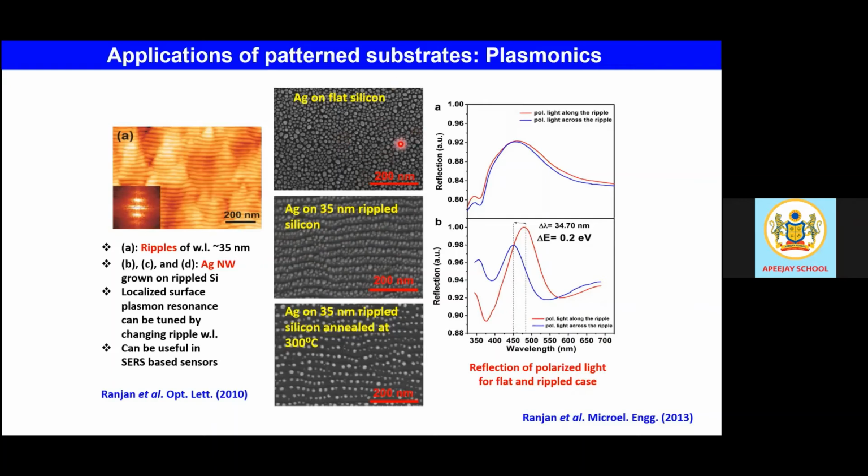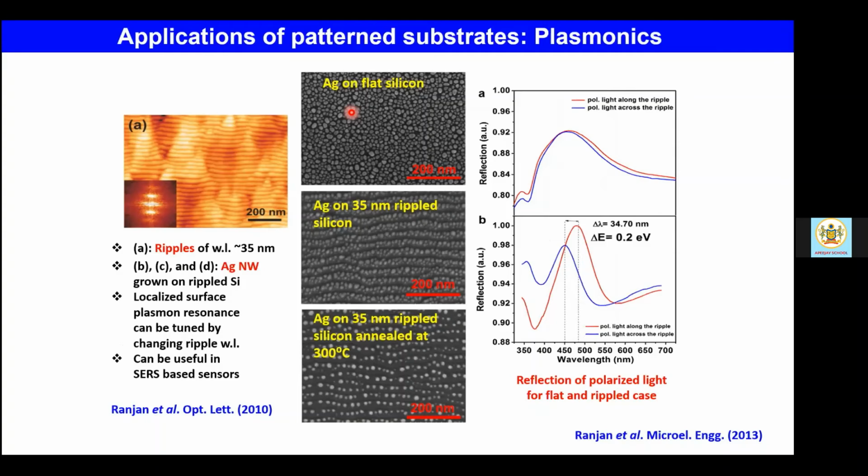Simultaneously they also took a flat silicon substrate, a pristine silicon piece cut from the same wafer before creating the ripple patterns, and they simultaneously deposited silver nanoparticles both on this flat silicon and on this rippled silicon. The AFM image shows so categorically how the morphology becomes different.